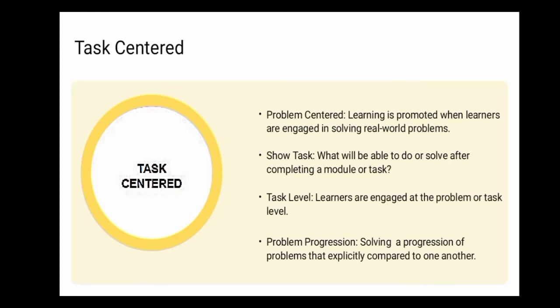These objectives are usually of the form "the learner will be able to," and objectives of this form are abstract and often only understood following the instruction. So your question here is what the learner will be able to do or solve after completing a module or task. Show task is all about showing your objectives.